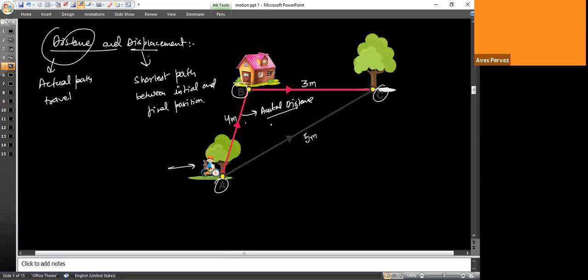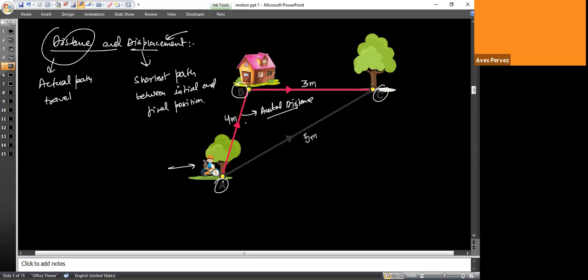But if we calculate his displacement, the word itself indicates its meaning: it is the shortest distance between the two positions, the initial and the final position.